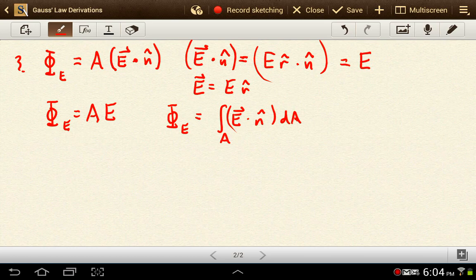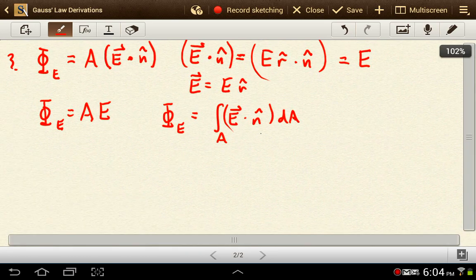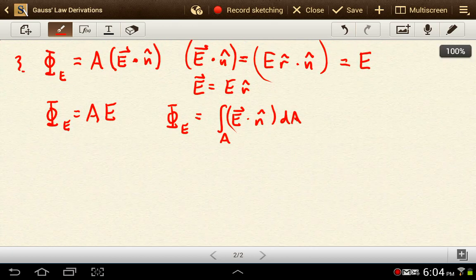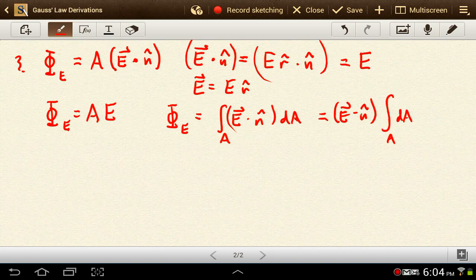He's the one who's going to be grading, so that's your lookout. In that case you end up saying that it's equal to E dot n hat integrated over the entire surface, and since this is constant, you can pull it out of the integral, and so that's just going to equal A times E.